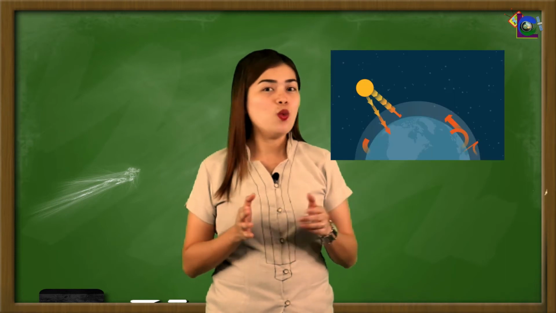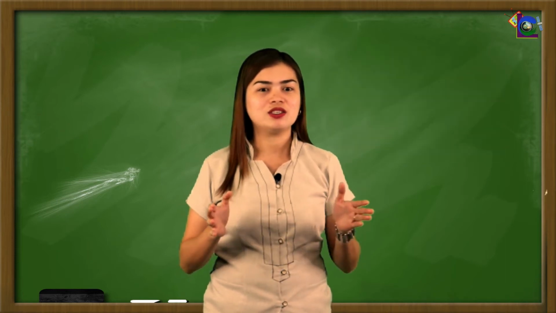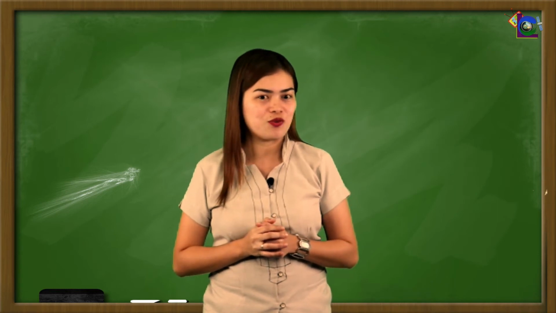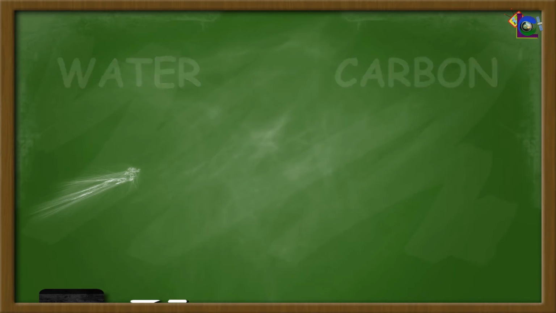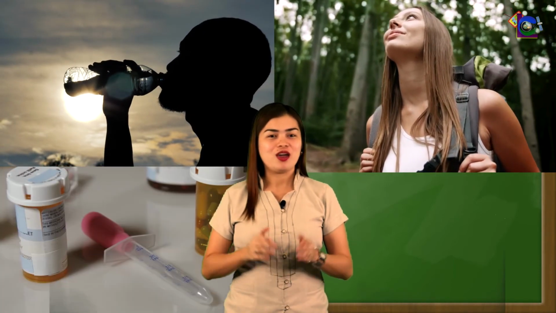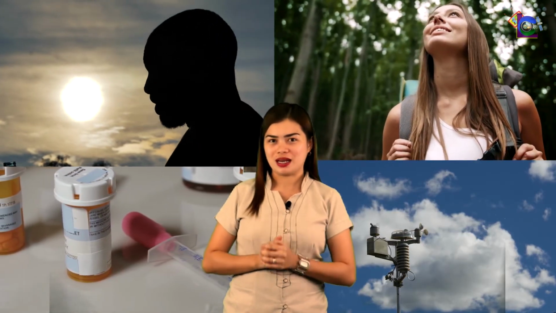It is kept warm by an insulating atmosphere, and it has the right chemical ingredients for life, including water and carbon. It can provide water, oxygen, and useful biological products for humans, and has suitable weather and climate.